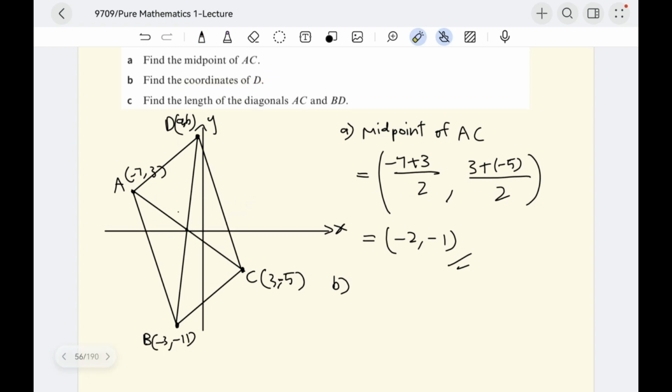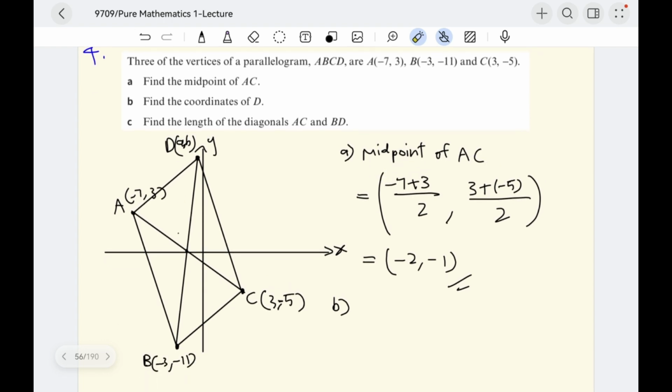Remember that a parallelogram is a quadrilateral, right? So every quadrilateral has two diagonals that have an intersection point, where this intersection point is the midpoint. Why?